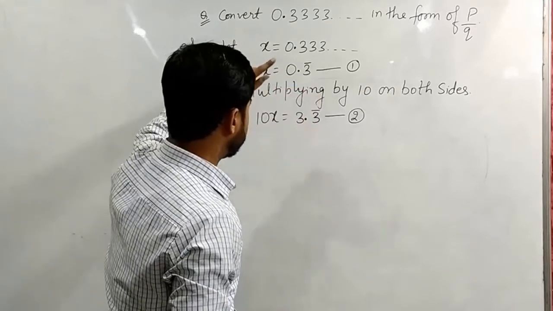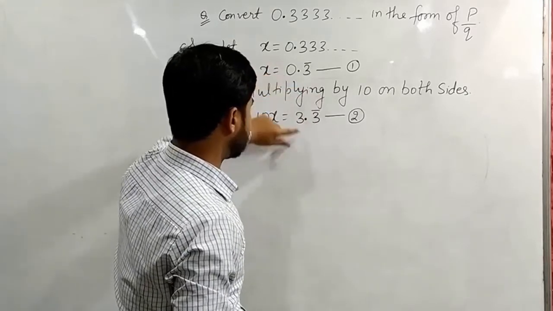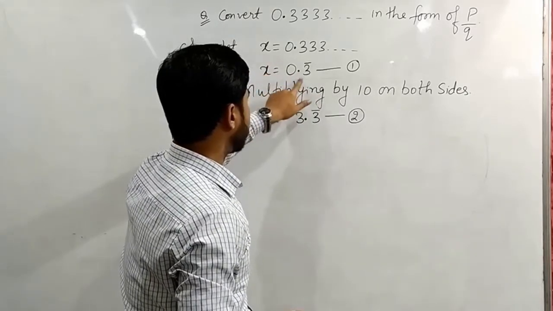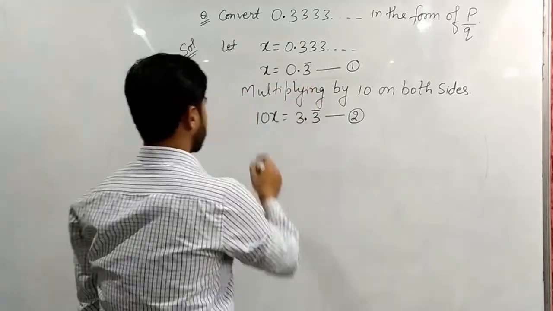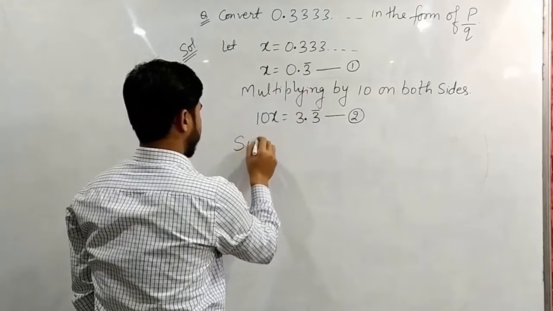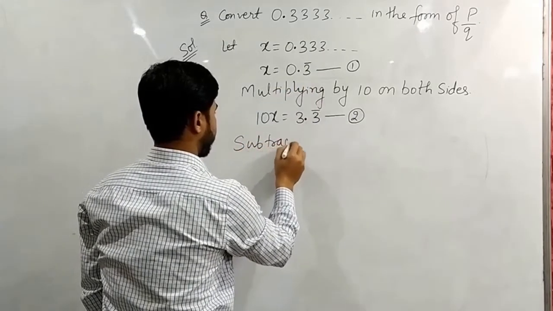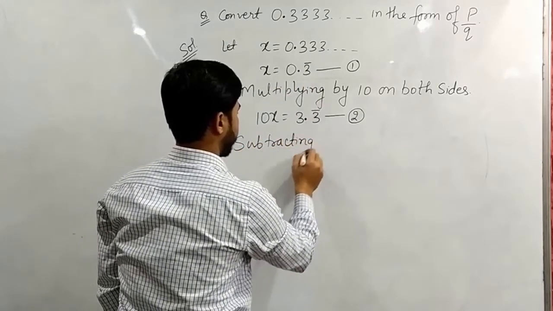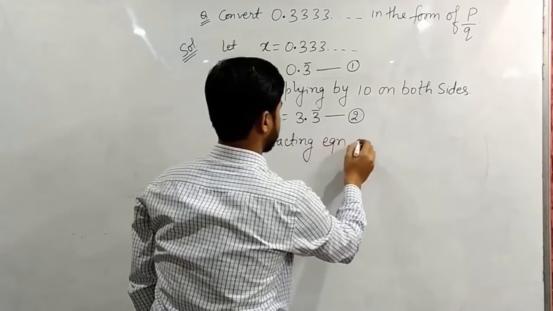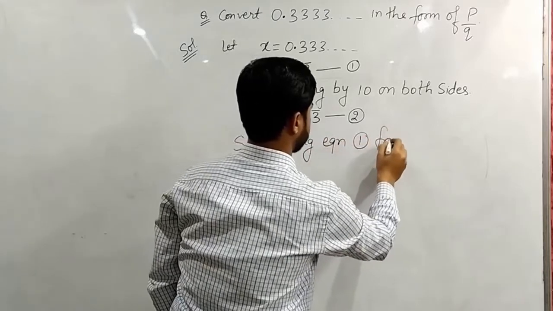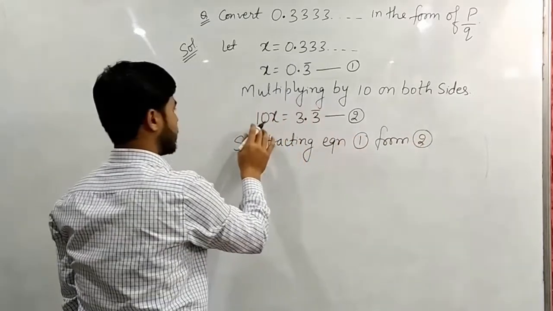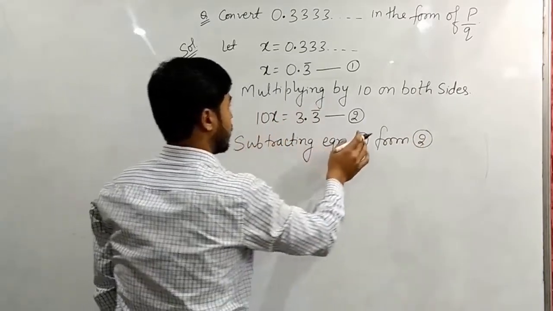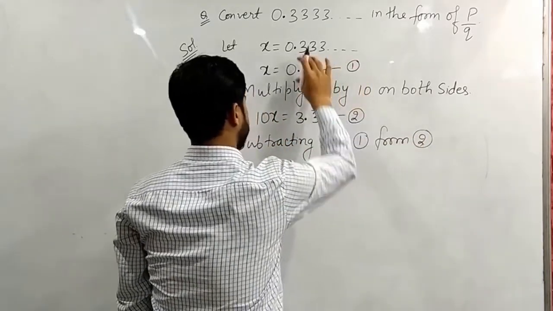So if I subtract this equation from this one, the digits after the decimal are going to vanish because the digits are the same. So subtracting equation 1 from equation 2, on the RHS we have to subtract the first equation from the second.